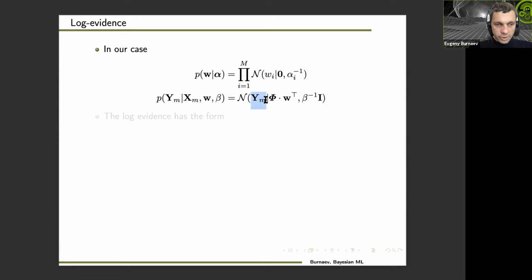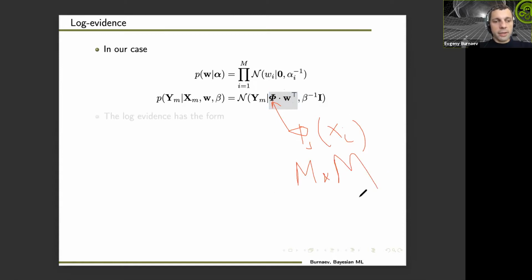So these are observations, and this is the mean vector of our observations. So this is the matrix of values of basis functions on input vectors x sub i. This matrix is of size m by m.